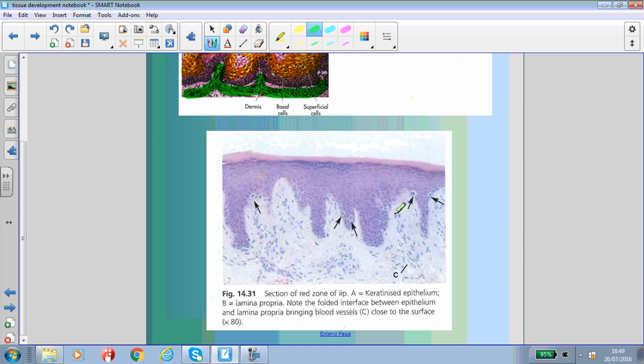The thing that's worth noting here is that in the darker stain, can you see there's an awful lot more cells? What stains is the nucleus of the cell. So in here you've got loads of nuclei really close together, whereas in the connective tissue they're a lot more sparse. And that's one of the main differences between epithelium and connective tissue.